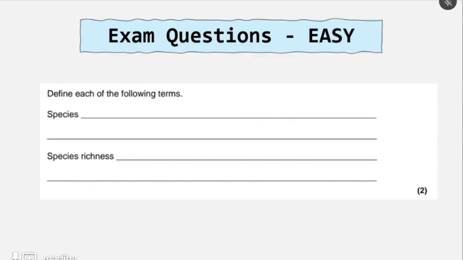So we've got 4 questions: easy, medium, hard, and even harder. First up, really easy. I'll give you a couple of seconds because we literally went through this on the slides. You can write the same definitions I put on the slides. Define species and define species richness. 1 mark each.